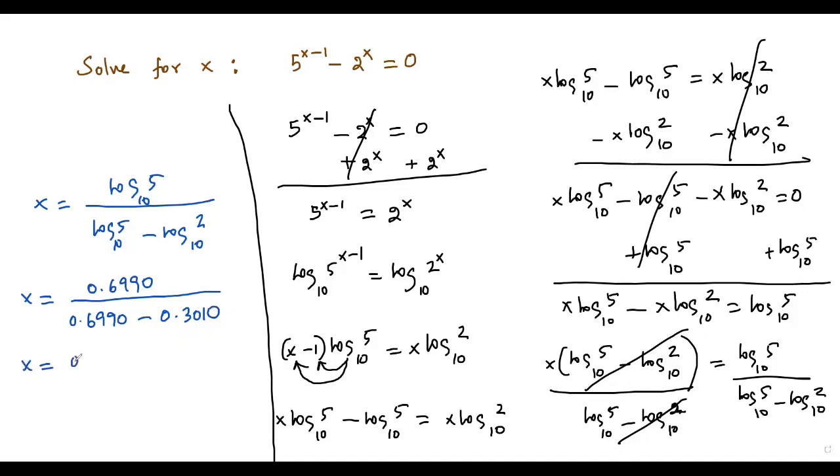Then we get x equals 0.6990 over the subtraction, which simplifies to 0.398. When I divide these two values, I get 1.7562, and it keeps going. When I round it to the nearest hundredth, I get 1.76. So the approximate value of x in the given exponential equation is 1.76.